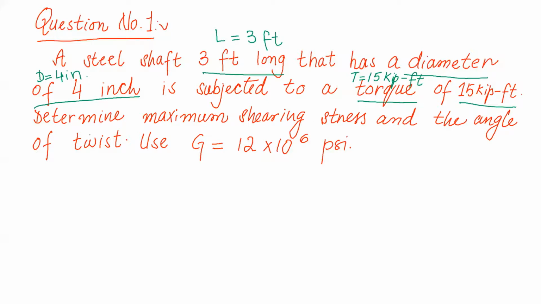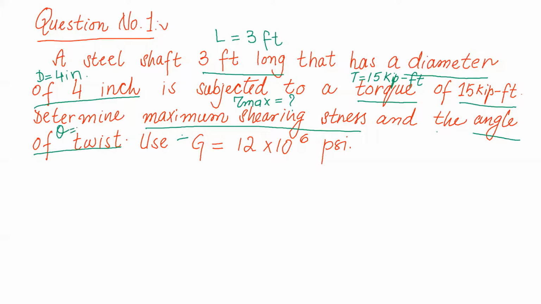And then what do we have to find out? We have to find out the maximum shearing stress, that is tau maximum, and the angle of twist, which is theta.